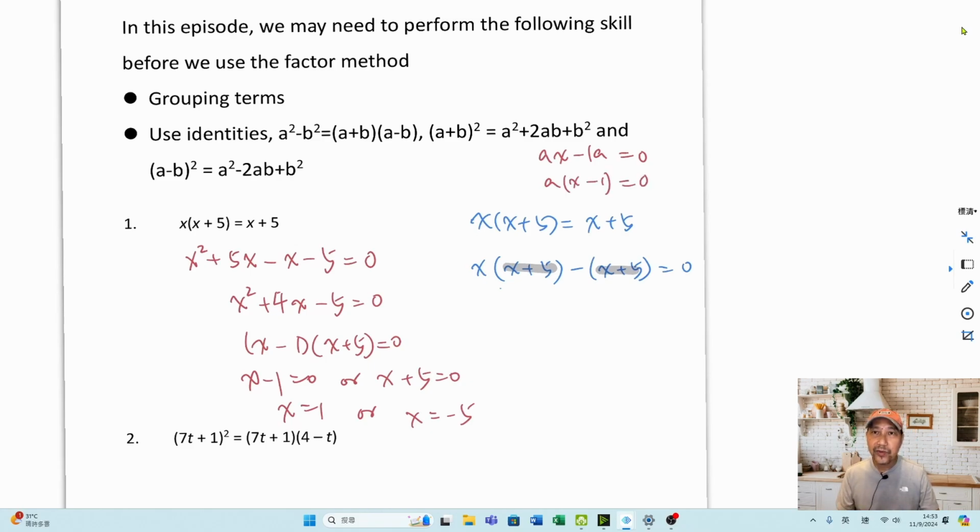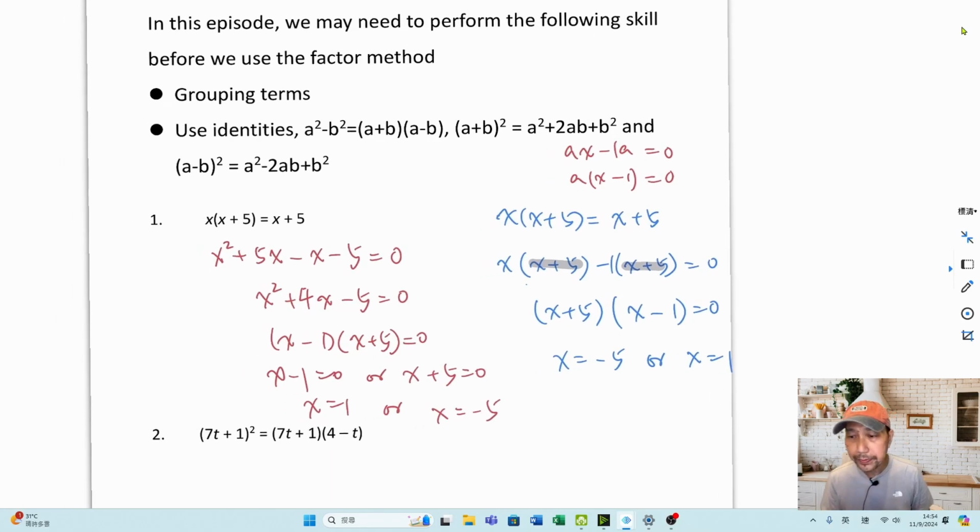Here the bracket is a common factor, so still we can take the bracket outside. So it becomes x plus 5. The remaining thing is x minus, and pay attention that if there is a single thing, you can imagine there is a 1 before that. So x minus 1 is 0. So we have the same steps, and then the answer is of course x is negative 5 or x is 1.